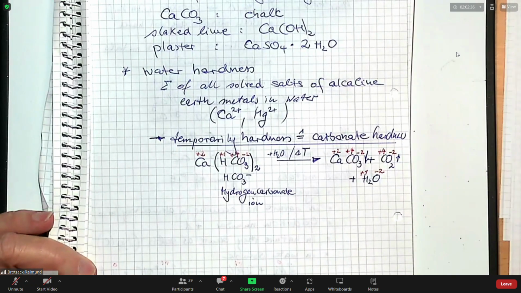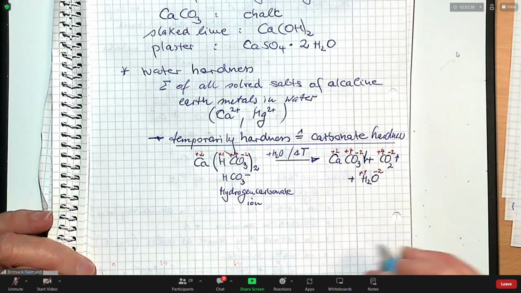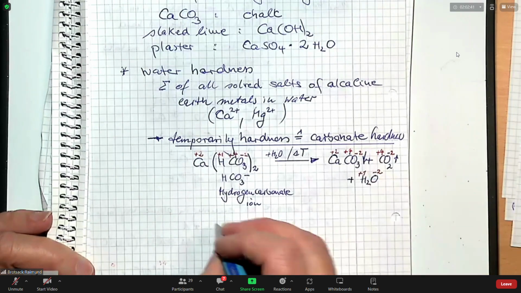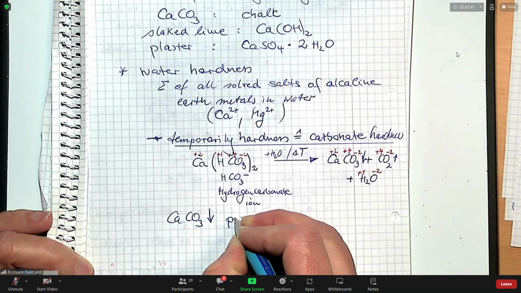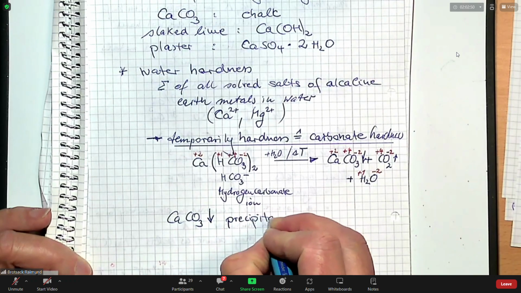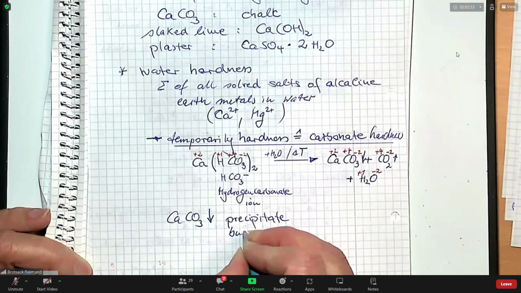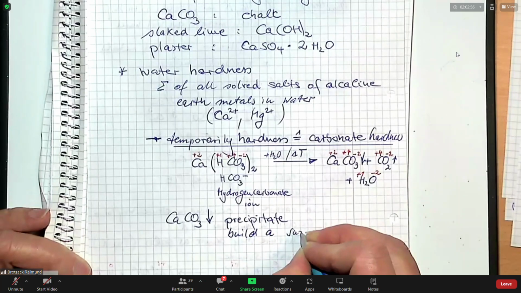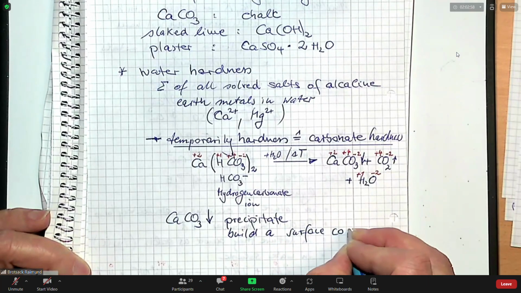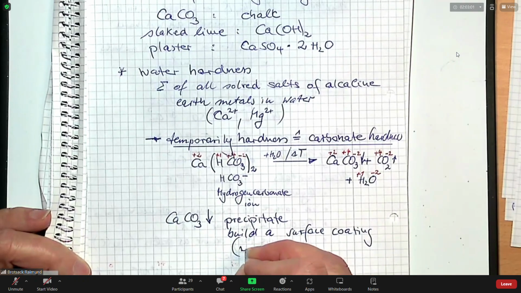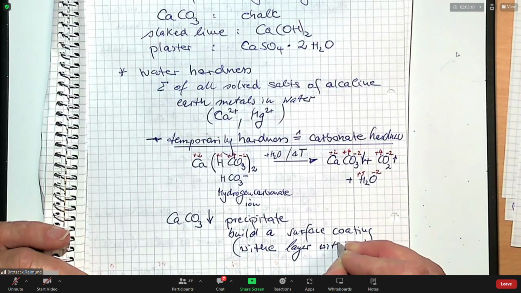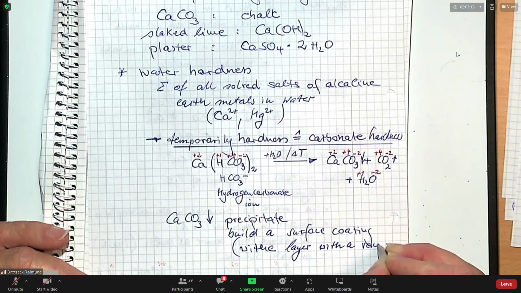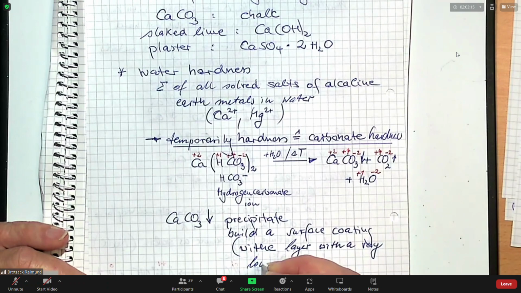So in a boiler, for example, the heat transfer is decreased because you have these carbonates, the calcium carbonates, they precipitate and they build a surface coating, a white layer with a very low heat transfer.